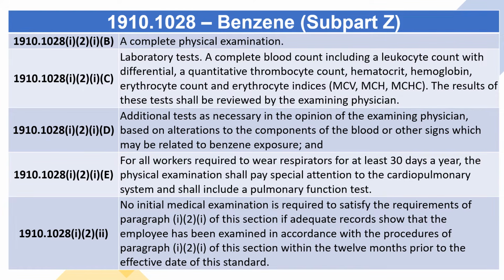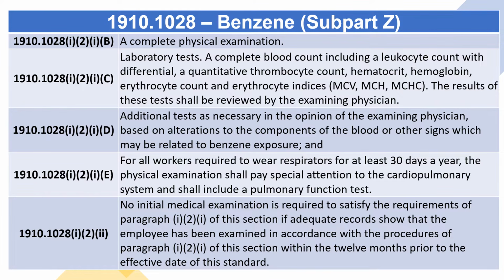1910.1028(i)(2)(i)(B) through (E): A complete physical examination. Laboratory tests: a complete blood count including a leukocyte count with differential, a quantitative thrombocyte count, hematocrit, hemoglobin, erythrocyte count and erythrocyte indices, MCV, MCH, MCHC.